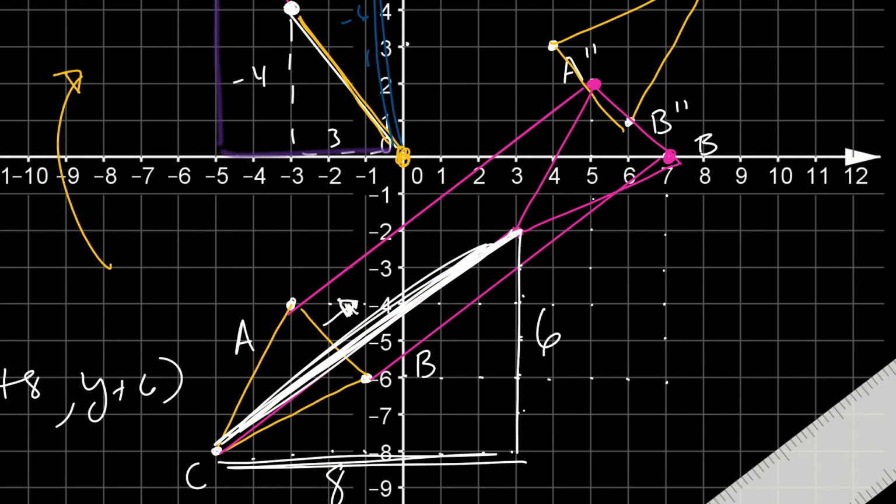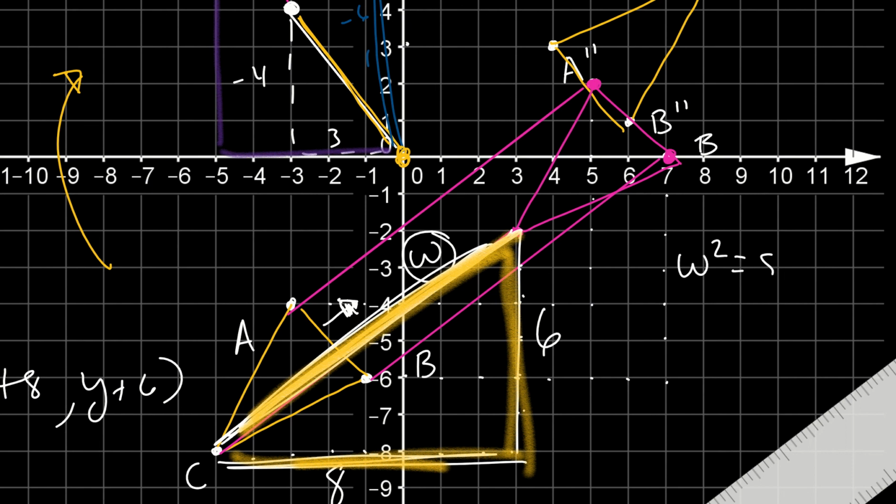And I'm just going to say that the distance we're traveling there, for argument, I'm just going to call it, I can't call it x because contextually that would be like, wait a minute, x on the x-axis, what are you talking about? I can't call it C, I've got a point called C. I'm going to call it W. I'm going to call this W. So how long is this line W, right? Well, it's going to be 8 squared plus 6 squared, and then the square root of that. So I can say W squared is 8 squared plus 6 squared.